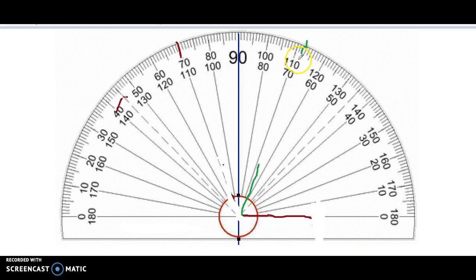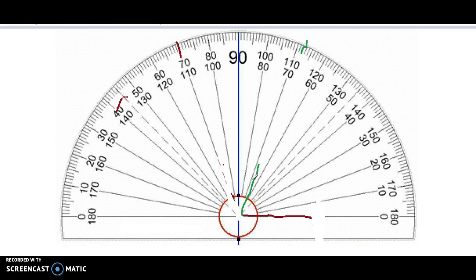This one's not right at a number; it's in between the 60 and the 70. So just like a ruler or a number line, I'm going to count. This is 60, 61, 62, 63, 64, 65, 66, 67. So this one is about 67 degrees.